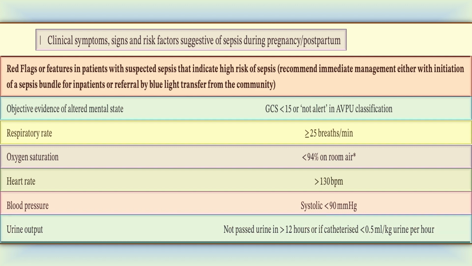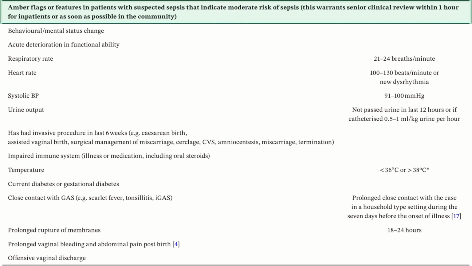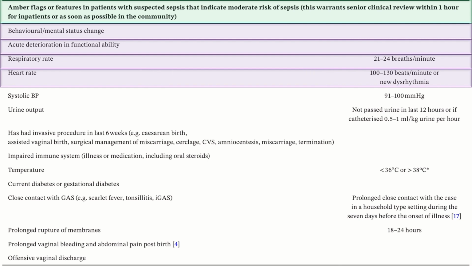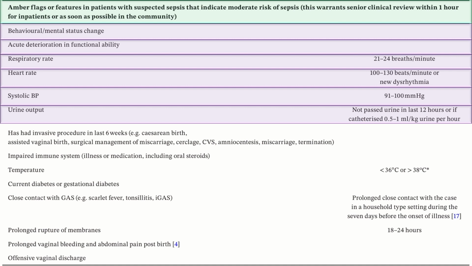The amber features include behavioral mental state change, acute deterioration in the functional ability, respiratory rate of 21 to 24 breaths per minute, heart rate of 100 to 130 beats per minute, systolic BP of 91 to 100, urine output either not passed in the last 12 hours or if catheterized 0.5 to 1 ml per kg.